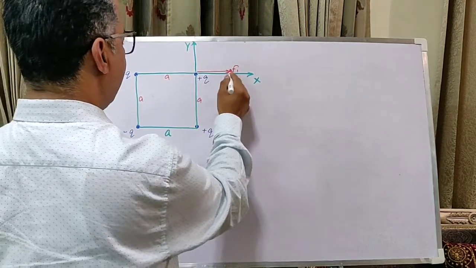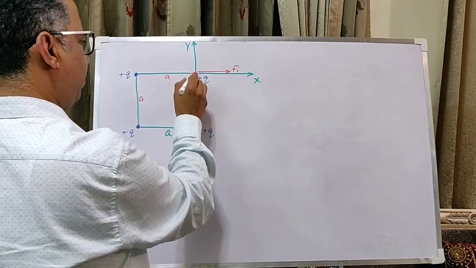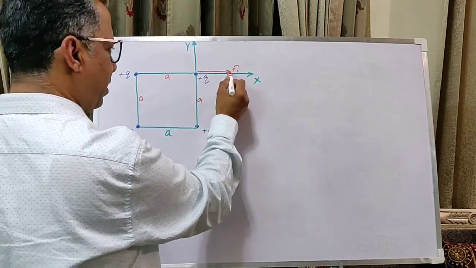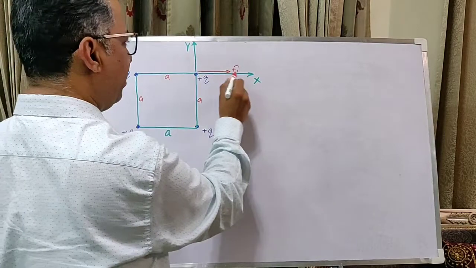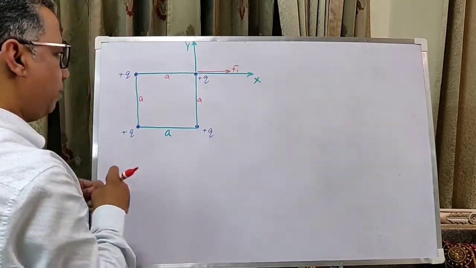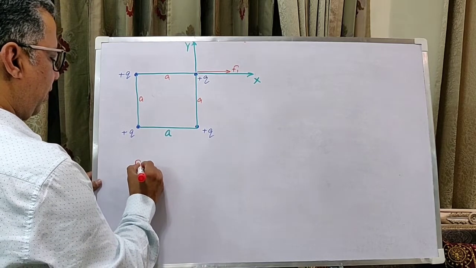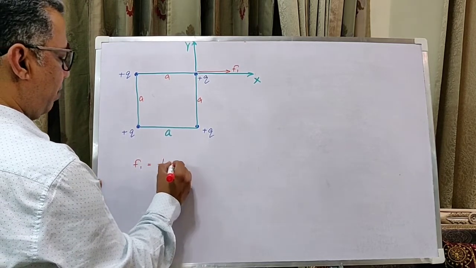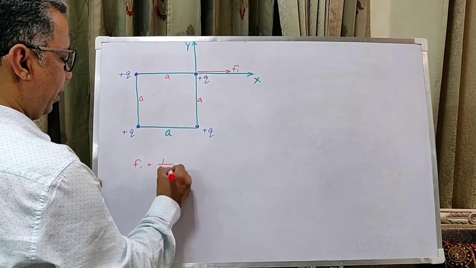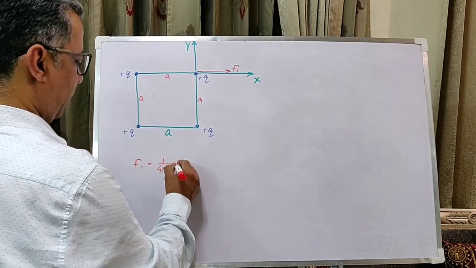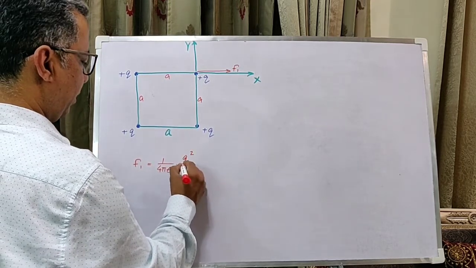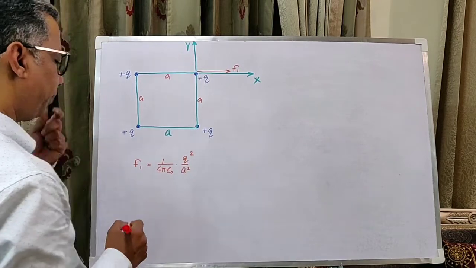This F1 has to be a repulsive force along the line joining them. The magnitude of F1 is 1 by 4 pi epsilon naught times q square by a square.